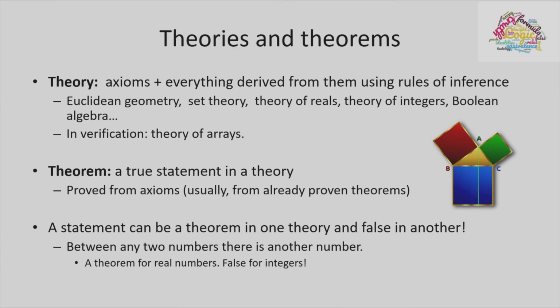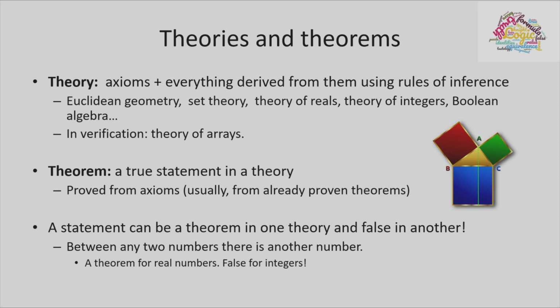Theories and theorems. Those two sound similar, but they're somewhat different things. So when we in computer science, and people in mathematics too, talk about theories, they mean that they have some axioms, some properties, and then they consider everything that can be derived from those properties.